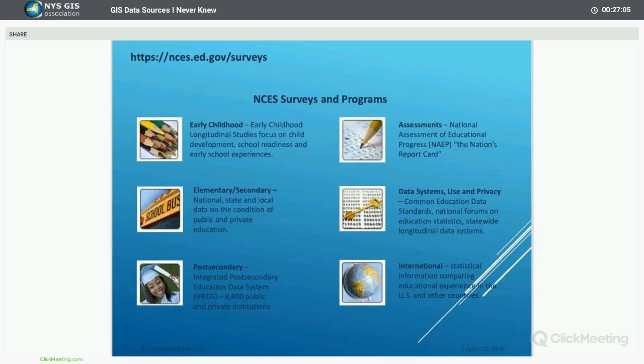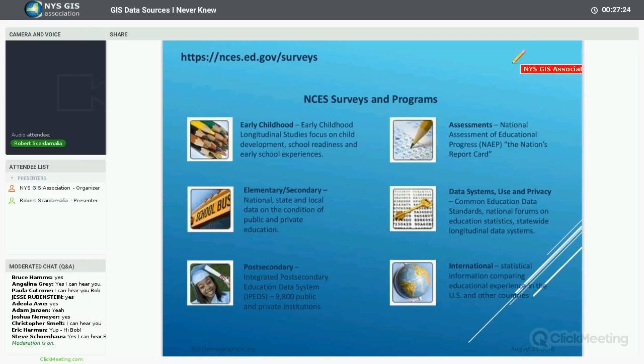Another category of information is education. Like the National Center for Health Statistics, there's a National Center for Education Statistics. And this covers everything from preschool all the way up through secondary education and advanced education.